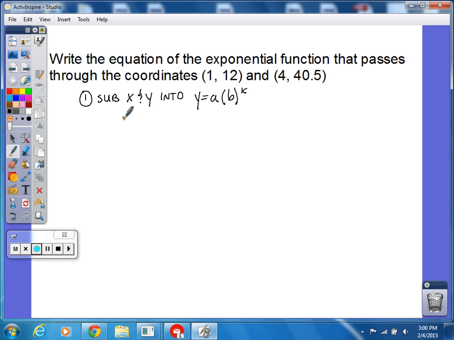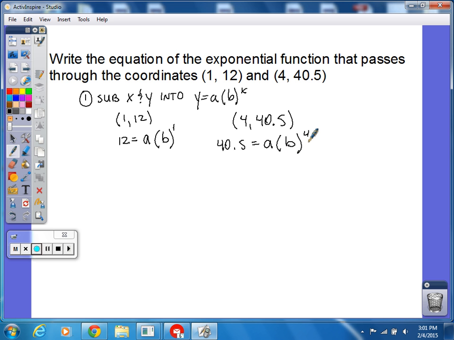So my first coordinate, (1, 12), would say 12 equals AB to the first. My second coordinate, (4, 40.5), would say 40.5 equals A times B to the fourth.